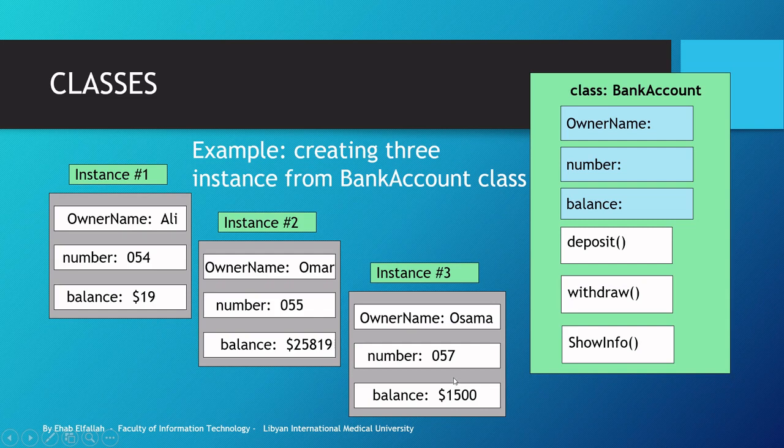So we can differentiate between the objects by their properties or attributes, and with all these instances we can perform tasks, whether it's deposit money, withdraw money, or just show info or print the information.